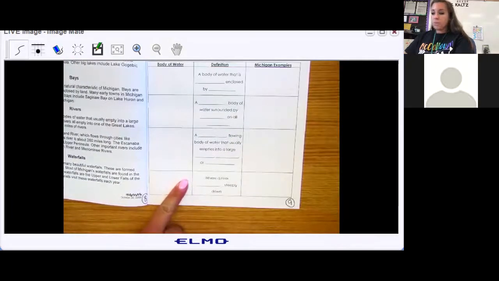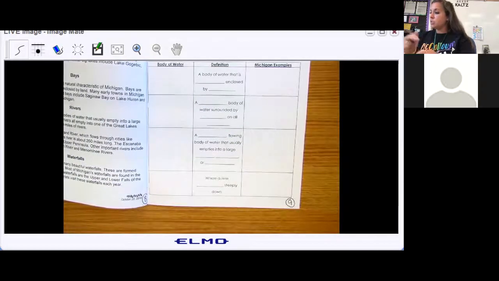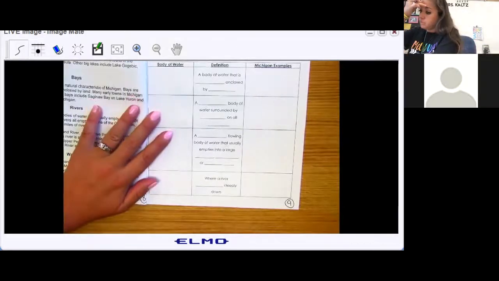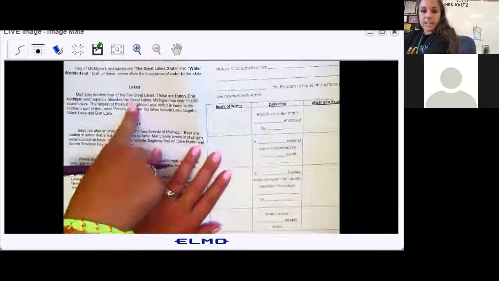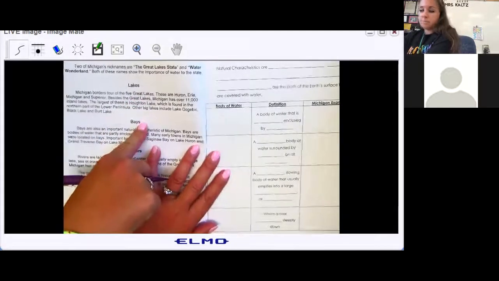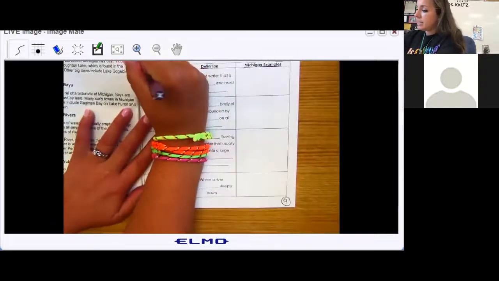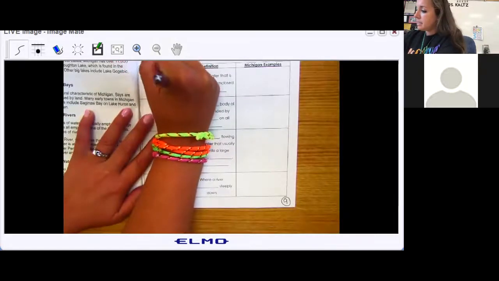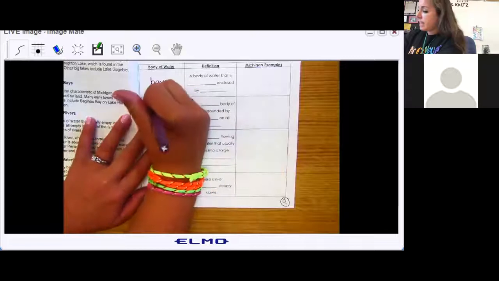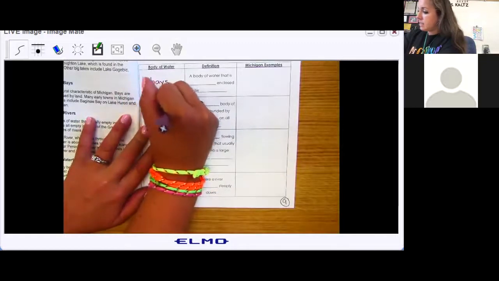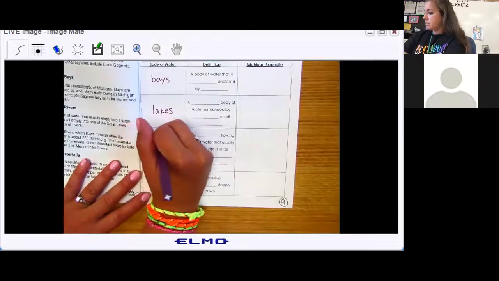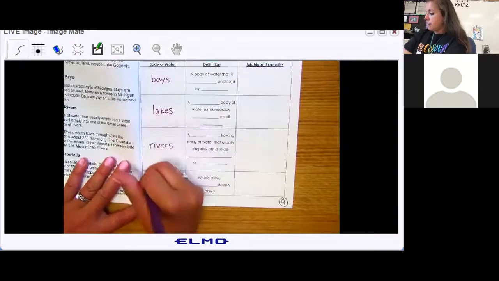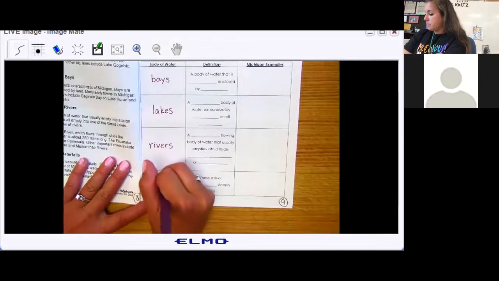The only thing you have to worry about is that 2 of them got switched. The first, here it goes lakes, then bays. But over here, it's going to be bays, then lakes. And then rivers and waterfalls are the same.